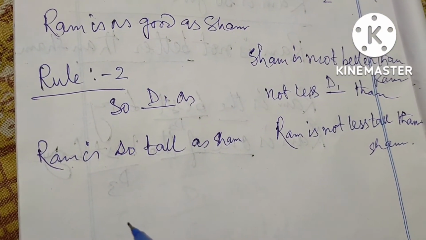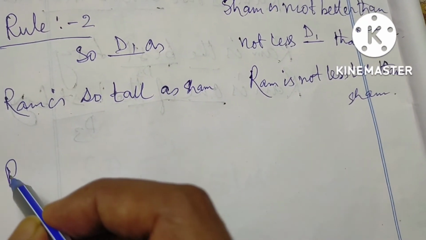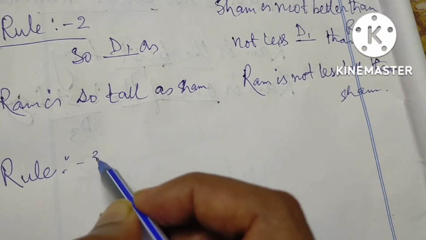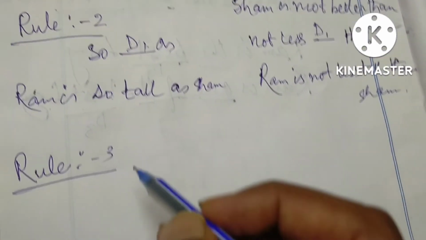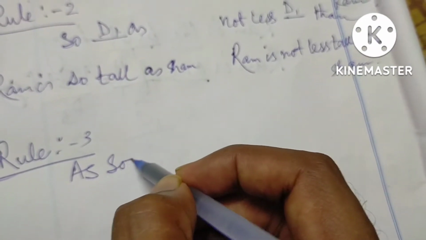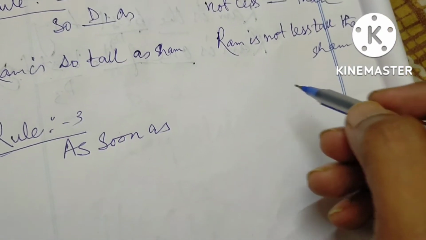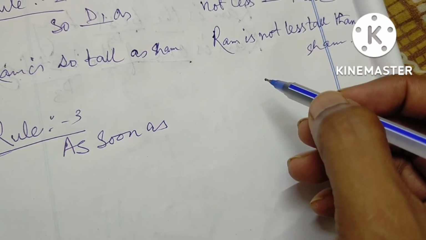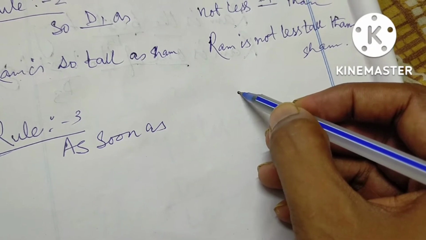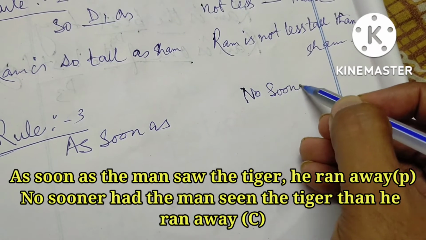And rule number 3. Where we use as soon as in the positive degree, in the comparative degree, when we try to change it, we have to use no sooner.